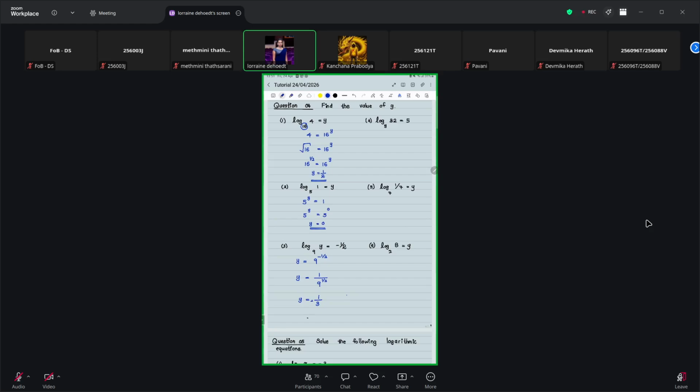Did you write this one as plus or minus? Because the square root of 9 is plus or minus 3, no? Why did you miss the minus part?